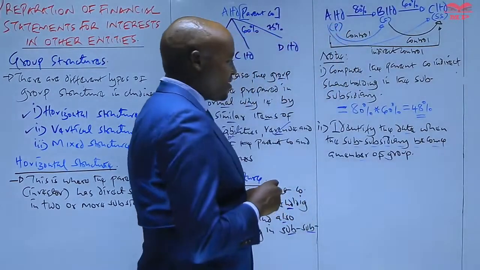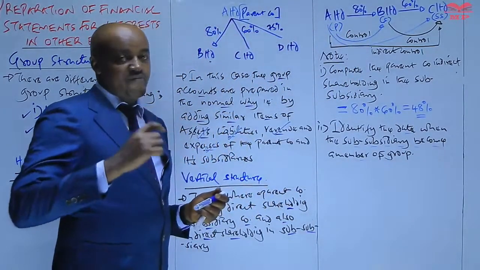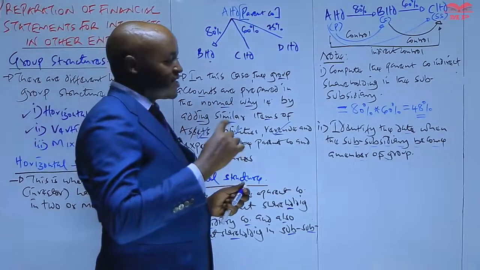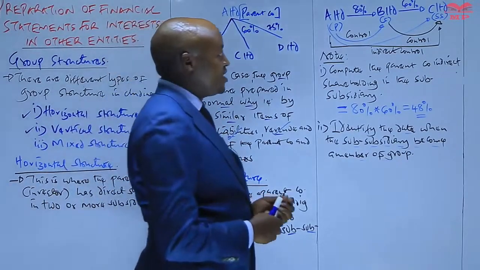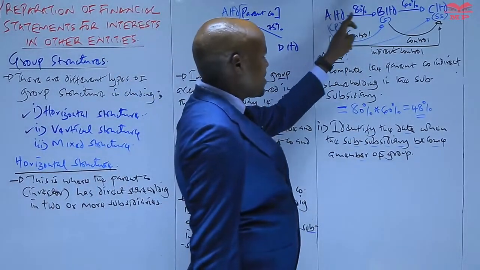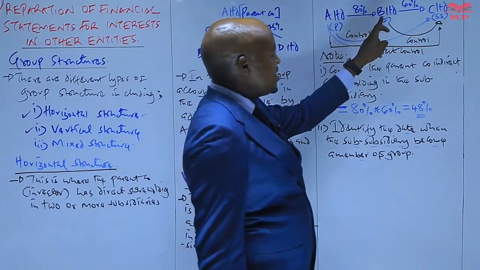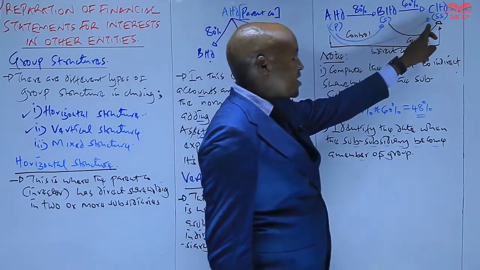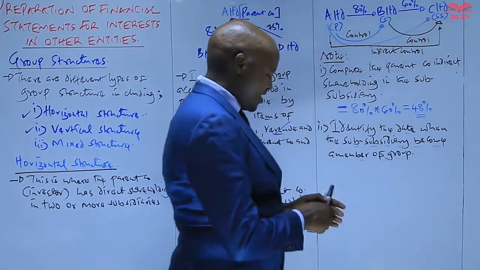And actually, the sub-subsidiary is said to have become a member of the group on the later of the two dates between the date when the parent company acquired the subsidiary and the date when the subsidiary acquired the shareholding in what? In the sub-subsidiary.